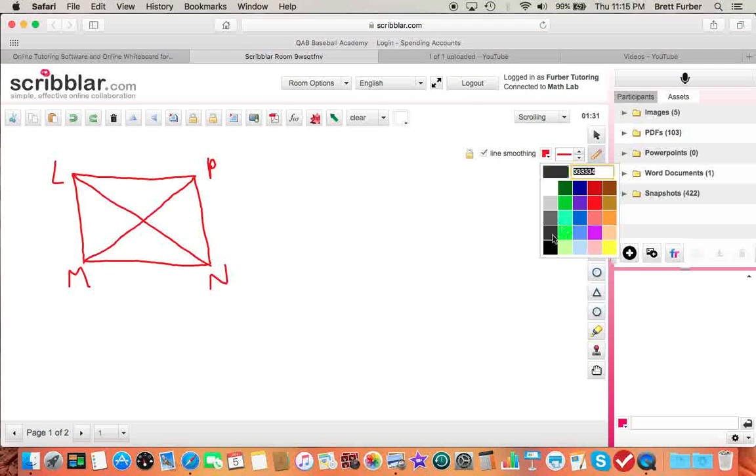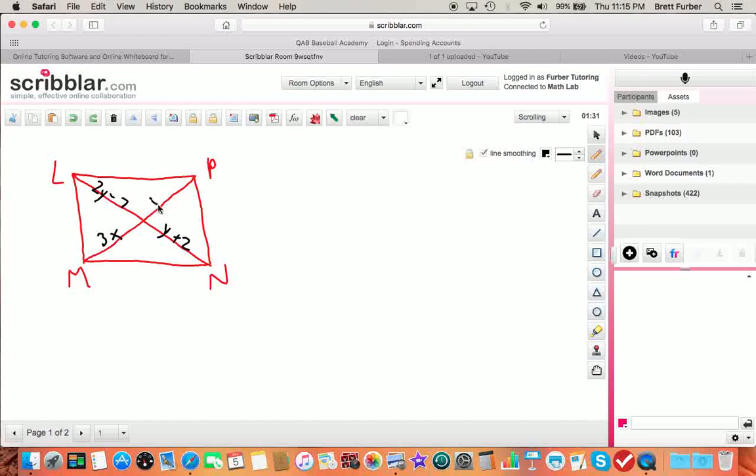And here's the information that we see written in there. So we have 2y minus 7, y plus 2. And then we have 3x and x plus 5. And it says in the directions, find the values of x and y for which MLPN must be a parallelogram.